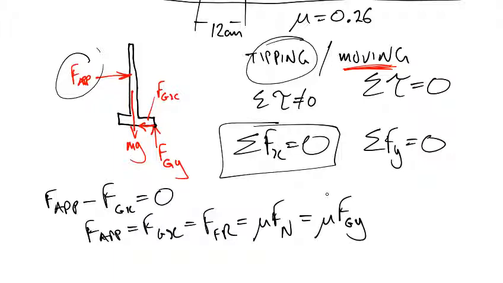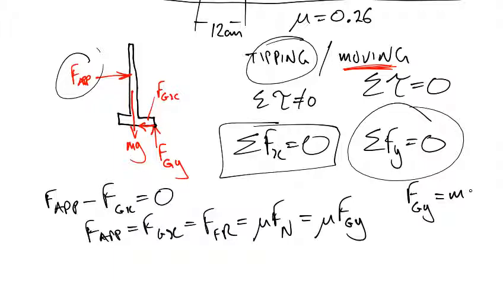Now, if we take a look at this and say, aha, the only two forces are mg and FGY, you can easily see that FGY is going to have to equal mg. Therefore, that's going to be mu mg.